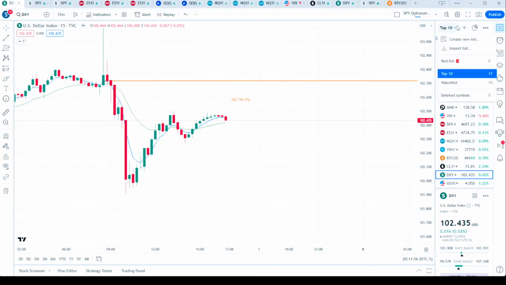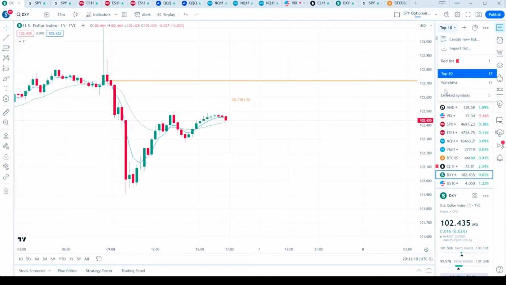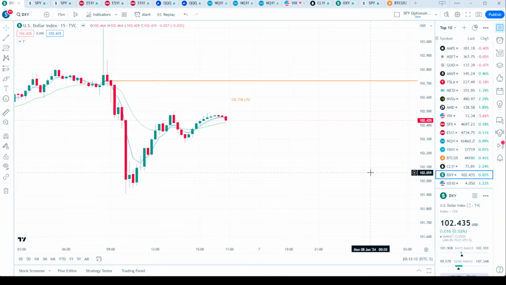So you can see here, you can create new list. It gives you a basic already red list. If you click this little thing right here, I guess it's a ribbon, it highlights it red, and then it'll add it to your red list. So I guess that's just kind of like a hot ticker watch list for yourself or whatever.